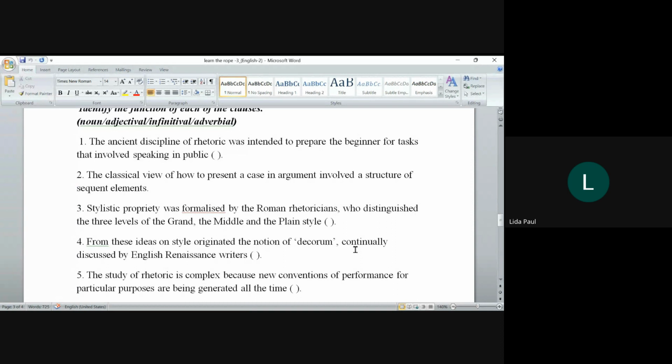Right. Now, next one, second one. "The classical view of how to present a case in argument involved a structure of sequent elements." So all this is about rhetoric, if you're wondering what this set of sentences is about.